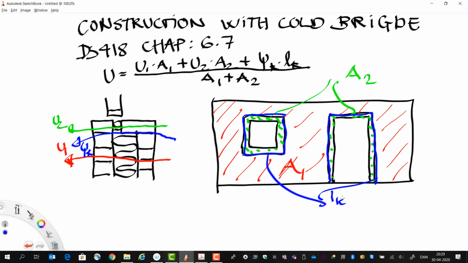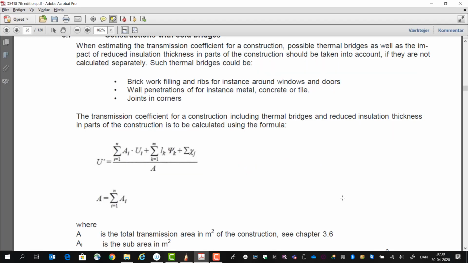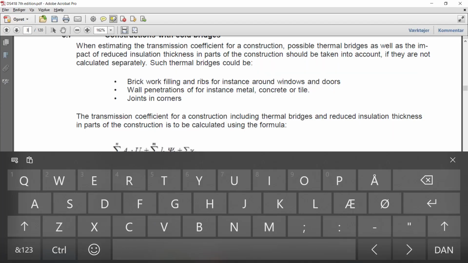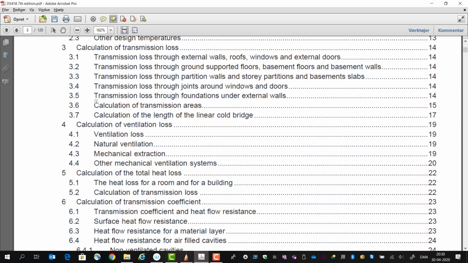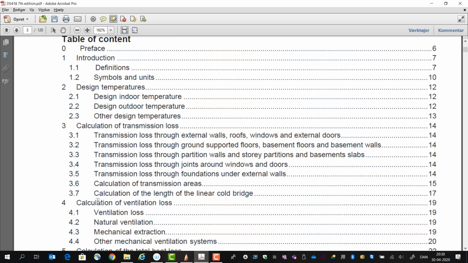There are rules for how you calculate the area, for which height and which length you take. And these are also given in DS 418. So jump to there, go to the table of content, and then you can see here I have the area in 3.6 and the length in 3.7. So go to page 15.